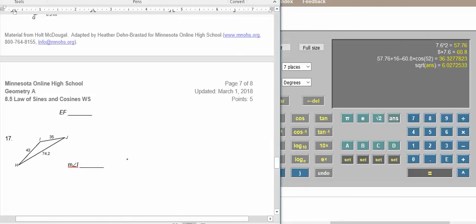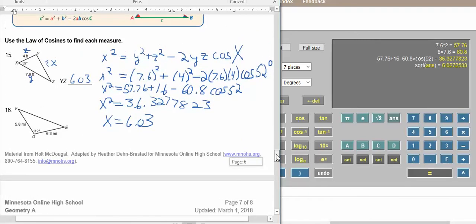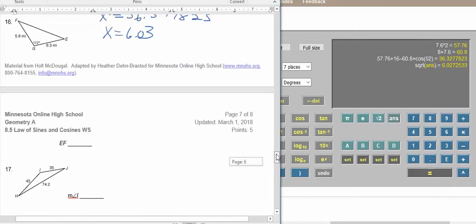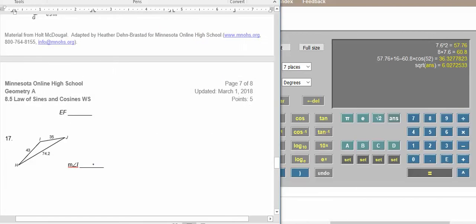And then number 17, we don't have any angle measure. So in that one, at the end, we're going to have the inverse of the angle. We'll have to find that to find the angle. So it doesn't matter how you start this one. Well, we're looking for I, so we'll start there.